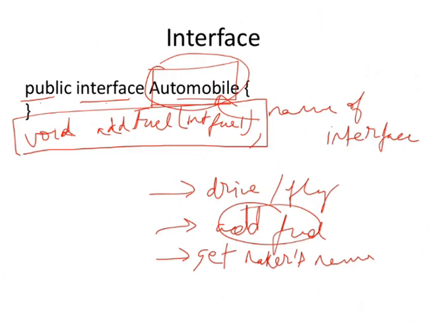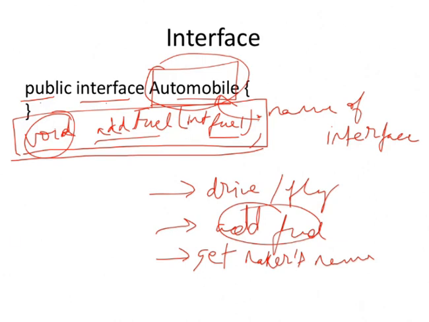So in this way we have defined a functionality that all the classes which use this interface must have, which is add fuel. Now this add fuel takes in an input which is obviously the fuel quantity and then returns nothing, of course. Now you must have seen that this is not a normal method definition.